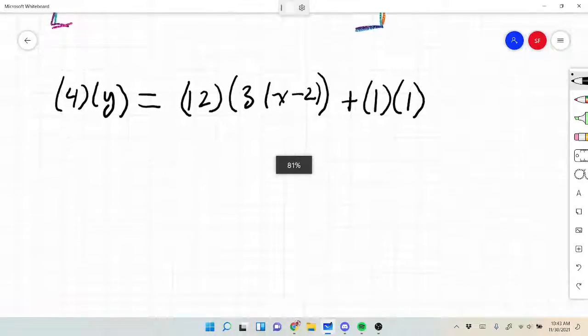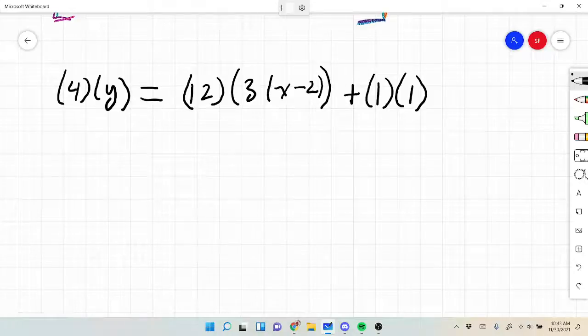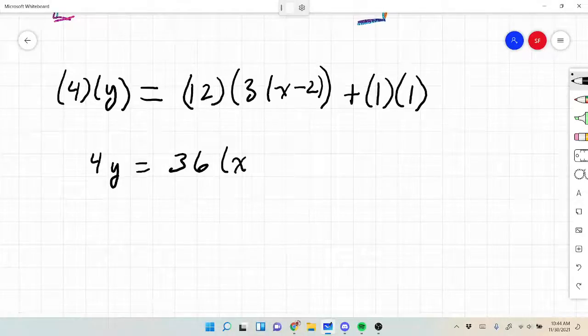All right, so let's start cleaning up. So we've got 4y here equals, and then 12 times 3. What's 12 times 3? 36. So you don't times the 12 times the stuff the 3 is being multiplied to. We kind of are in a minute, because what are we about to do with that 36?